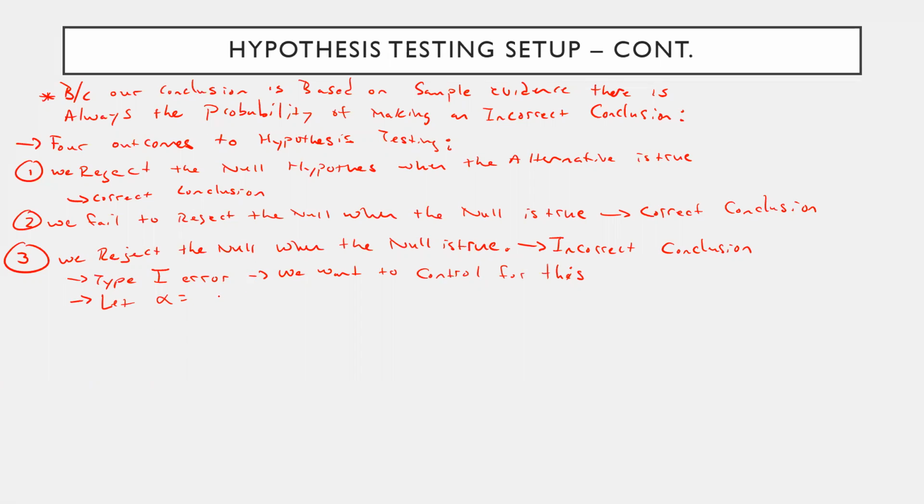And alpha is going to be the probability you commit a type 1 error. So we want to make this probability small. We do not want to send an innocent person to jail. So alpha is also going to be called, and you'll see this when we do our first examples, the level of significance.